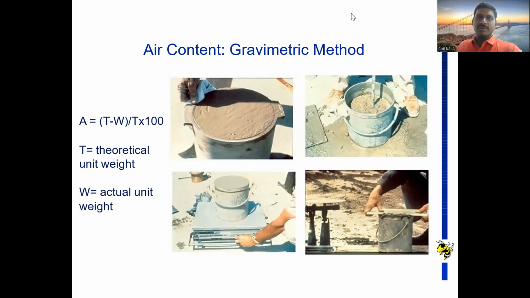Initially they calculate the volume of the bucket into which the concrete is filled. T is the theoretical unit weight and W is the actual unit weight. The theoretical unit weight we calculate from the volume of the bucket and the density of concrete. The actual unit weight we measure using a weighing balance.